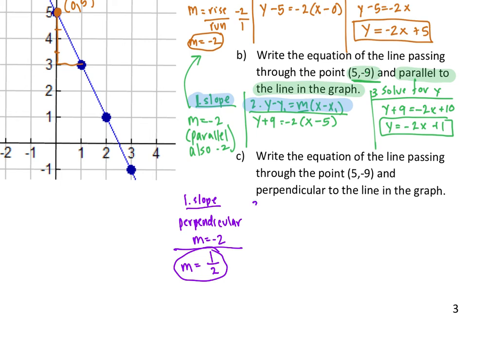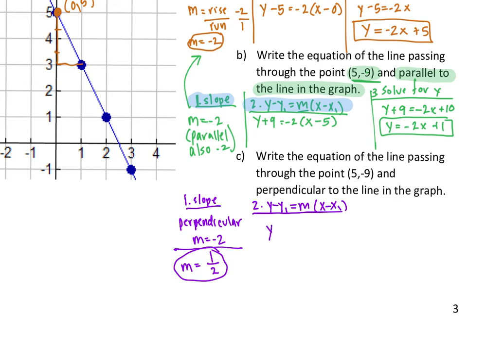Now the second thing that we need to do is put the information into our point slope form. And you can write these 3 steps down. That's fine, if that helps you, go for it.